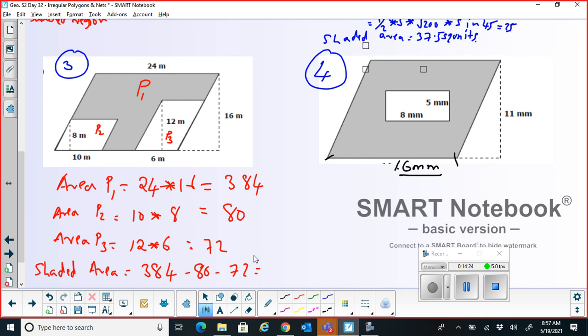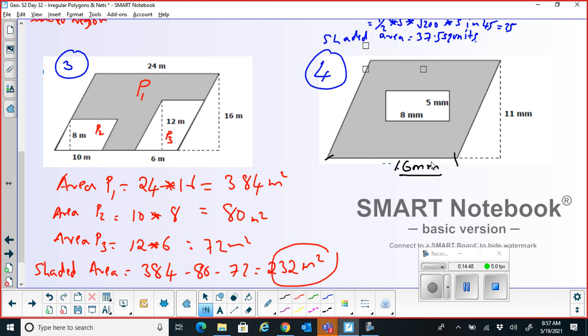So that gives us 384 minus 80 minus 72. That is nothing but 232, and the units were in meters, so 232 square meters. This will be our final answer, 232 square meters.